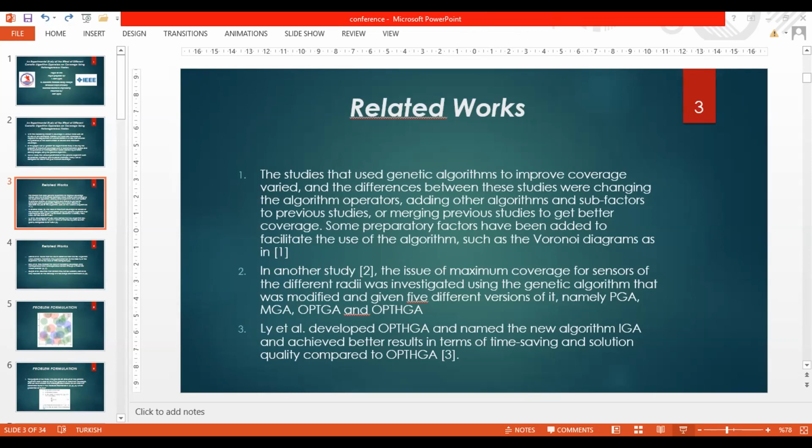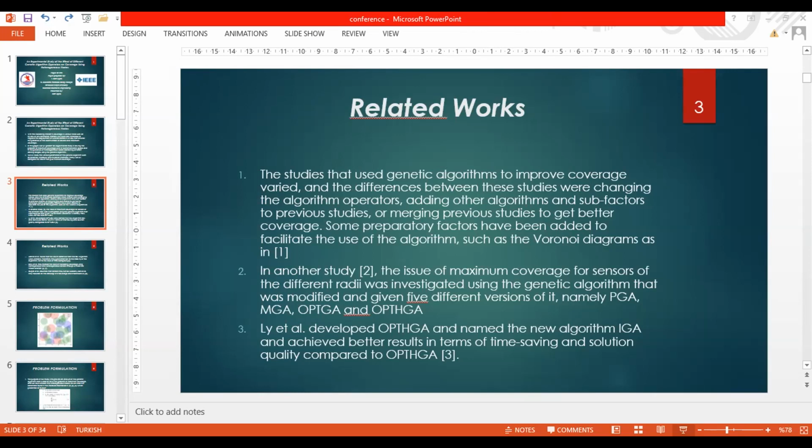Lee et al. developed the last one, OPTHGA, and named the new algorithm IGA, and achieved better results in terms of time saving and solution quality compared to OPTHGA. Han et al. found that the result obtained from the IGA algorithm was unstable.